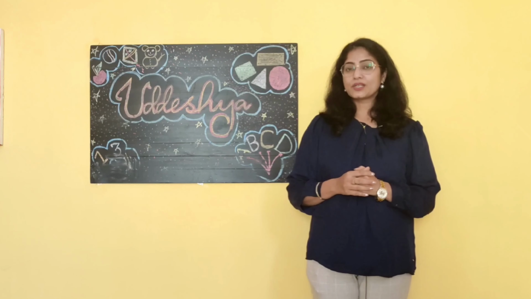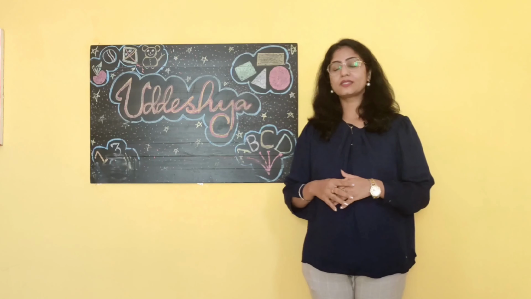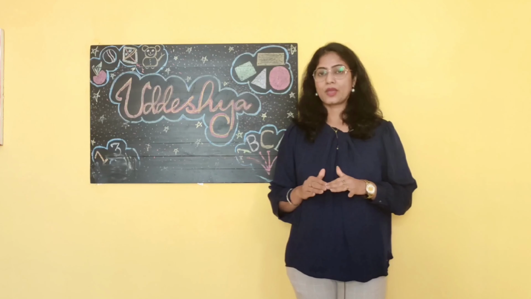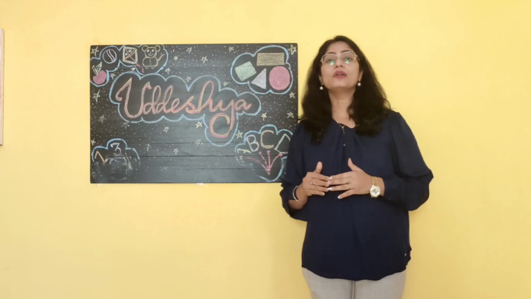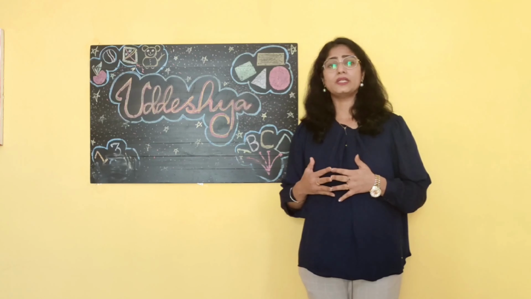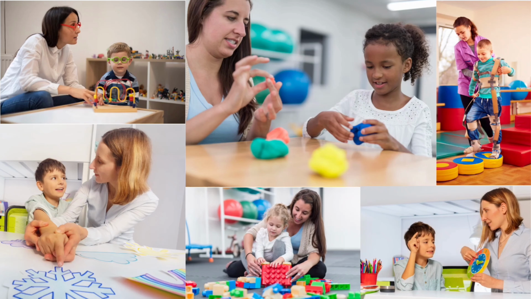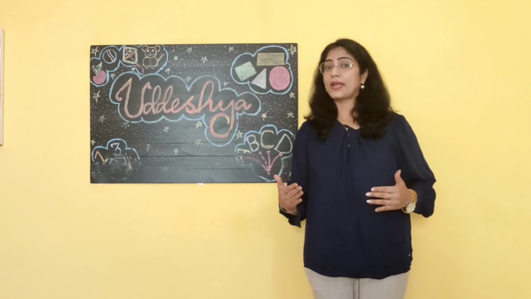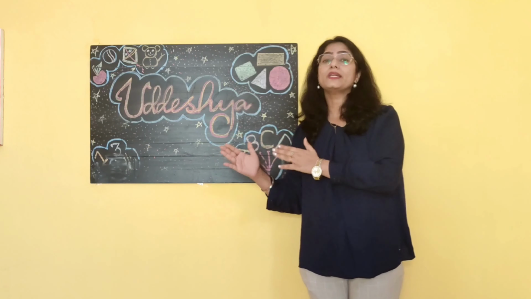The approach used by Uddeshya is a holistic approach. When we talk about our neurodiverse kids, we use different alternative therapies, for example behavior therapy, occupational therapy, physiotherapy, speech therapy, remedial therapies, and so on. All those therapies are provided on an individual basis.